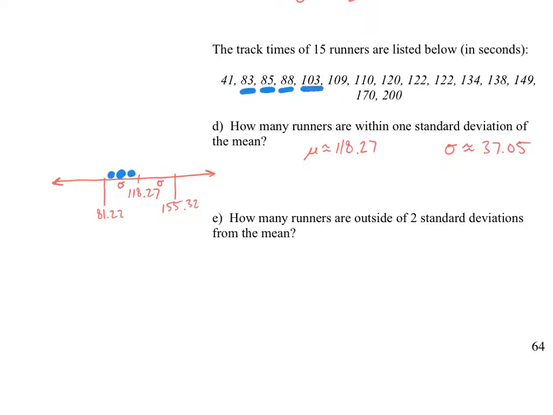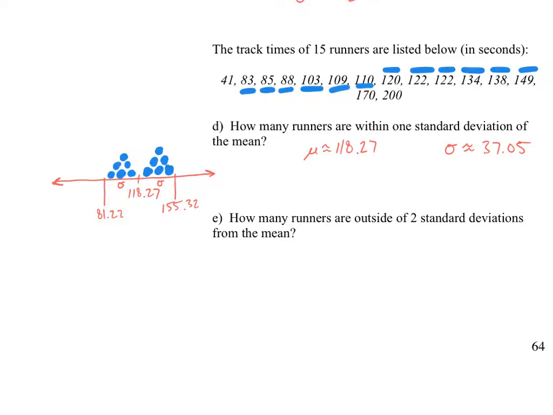The 103 would be in this same range, so I'll drop him there. 109, still less than 118. 110, still less than 118. But 120 is greater than 118, so it's still in this range. 122, 122, 134, 138, 149. And so all of those would also go in this area.